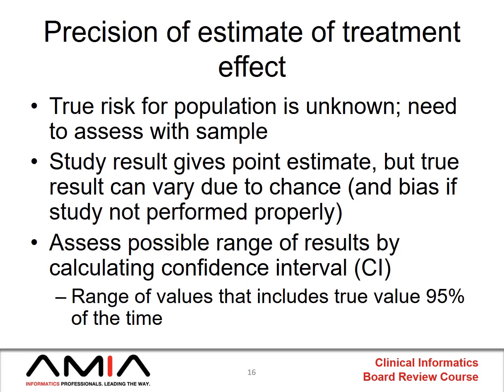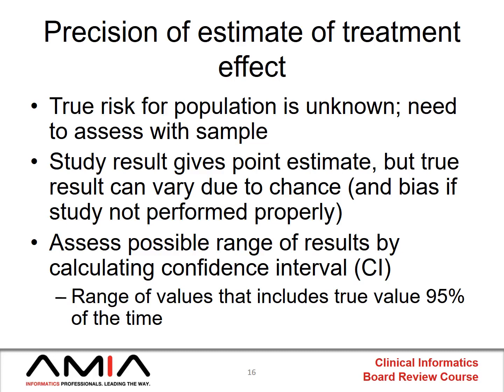In addition to knowing the magnitude of the treatment effect, we also want to know its precision. How precise is the estimate from the study of the treatment effect? We need to remember that for a whole population, everyone with a given disease, we can't know the true risk because we're not measuring the entire population.